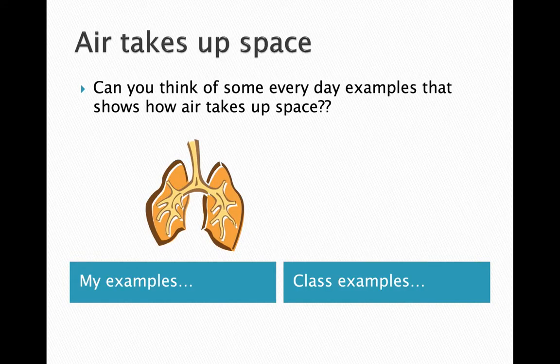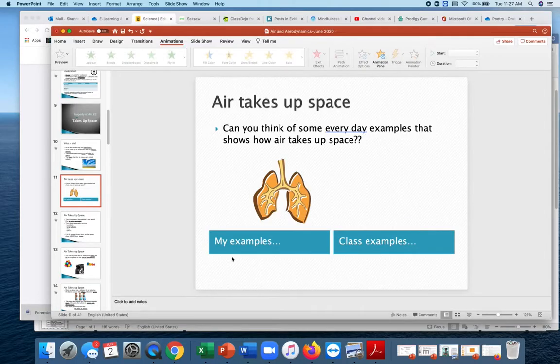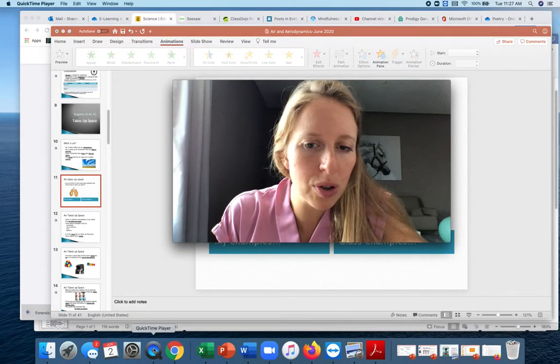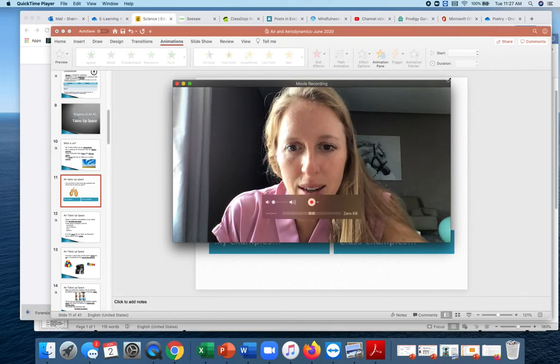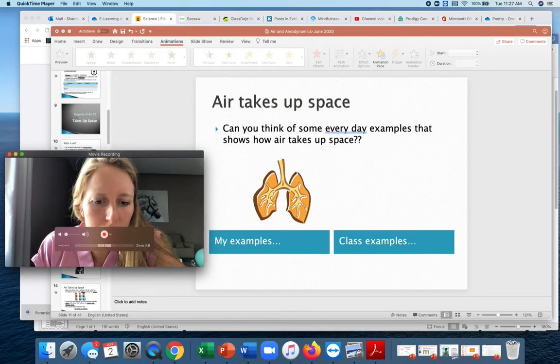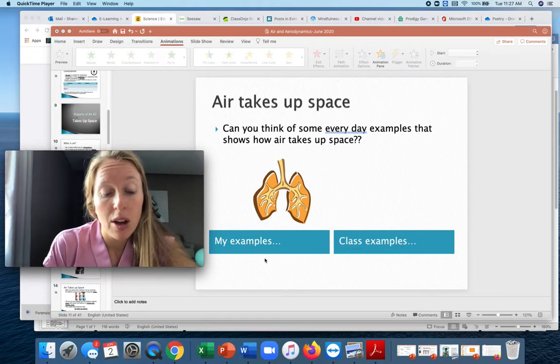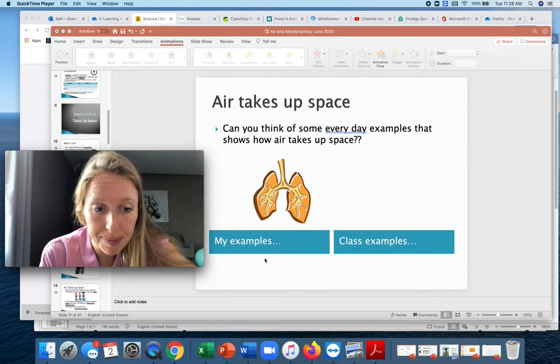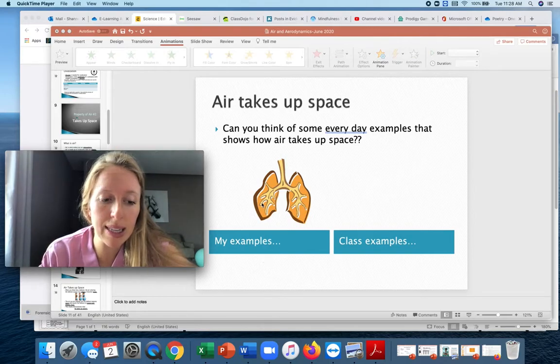Alrighty, so here we go. Can you think of some everyday examples that show this property, how air takes up space? If we were in class right now, I would have you start thinking about how we know that air takes up space. I've given you one example right here, which is your lungs.